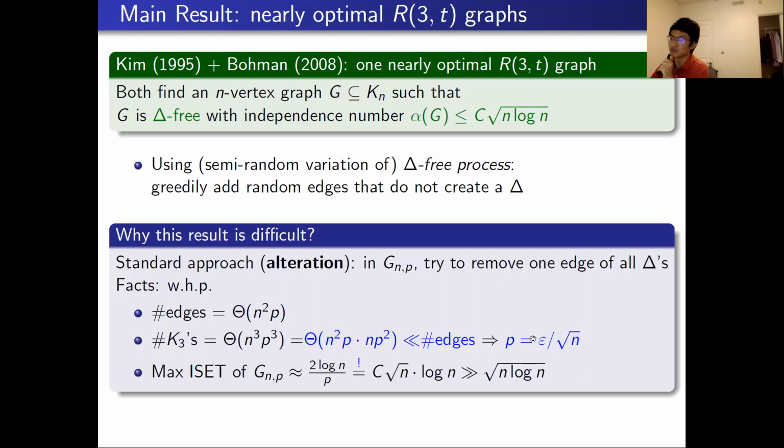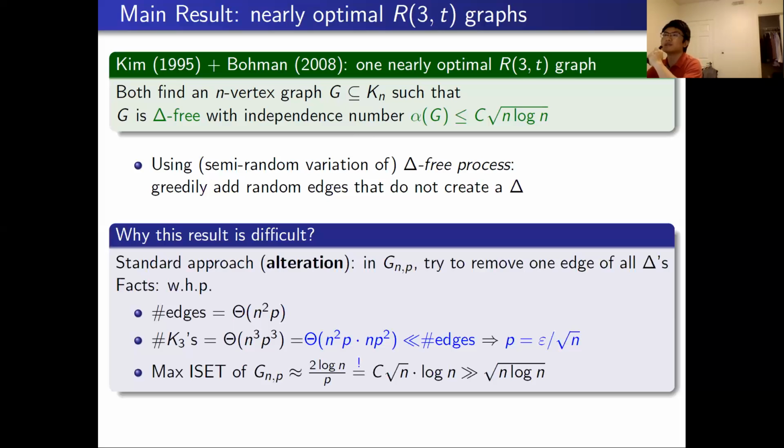But other facts tell us that if p is such a value, then the maximum independent set of G(n,p) is around 2 log n over p. If you plug such p in, you will figure out that the maximum independent set will be too large compared to our targeted bound. You can see there is an extra log factor in our targeted bound. So that's why the alteration method gives an extra log factor in the lower bound. So at least we know this result is not easy to prove.